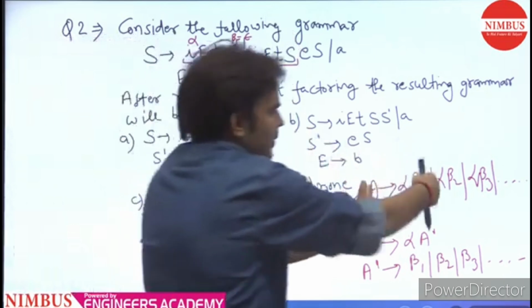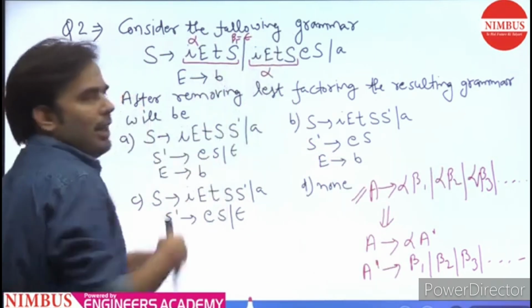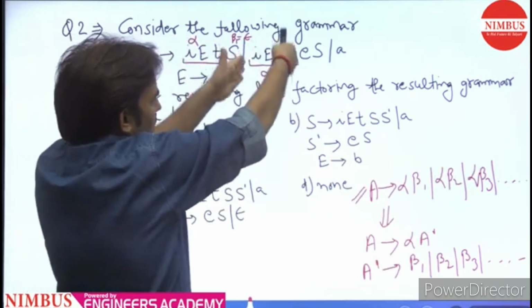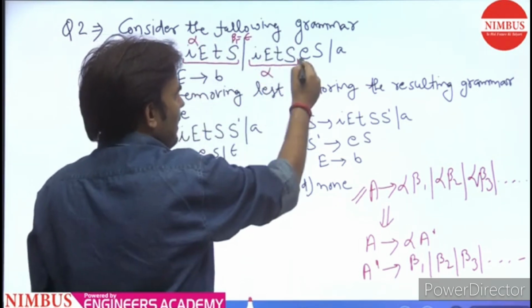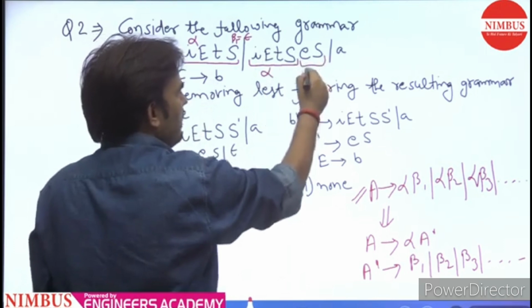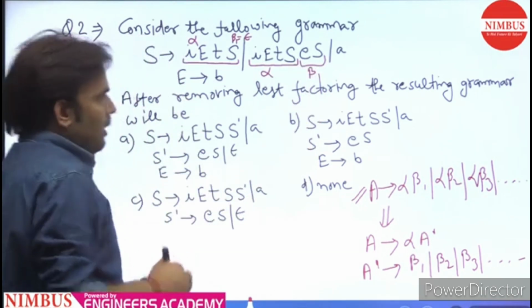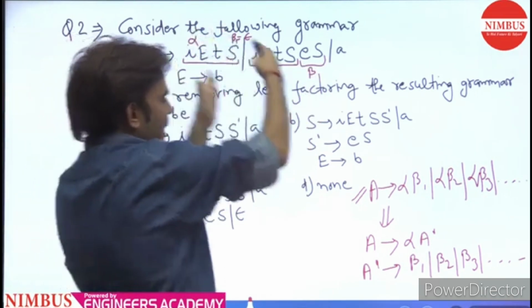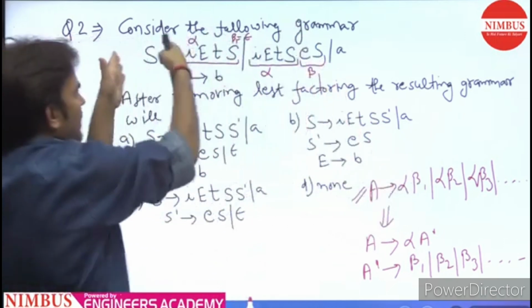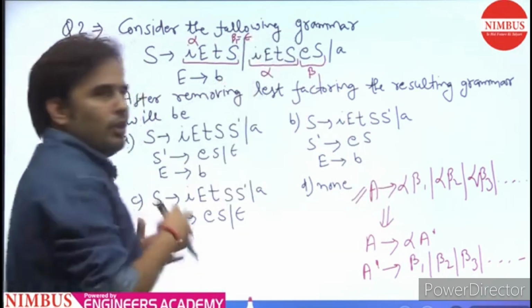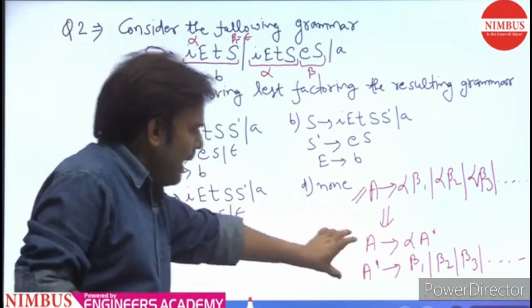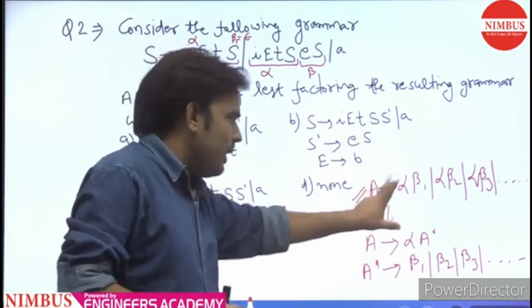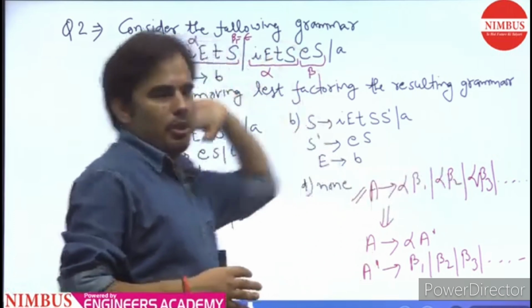Alpha beta 1, alpha beta 2, this is alpha again. This whole thing is matching this whole thing, so this is nothing but alpha, and this whole thing will become beta 1. So yes, left factoring is present in these two productions, so we need to eliminate it. How can we eliminate it? By adding these two productions at the place of this left-factoring type of production.